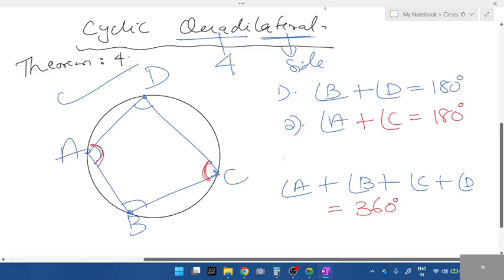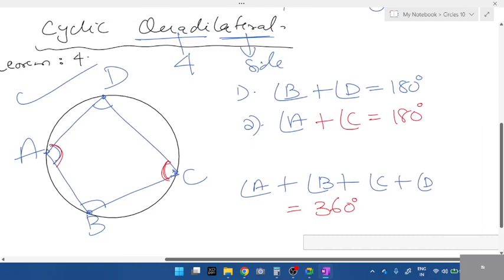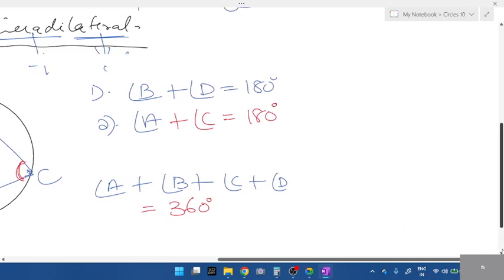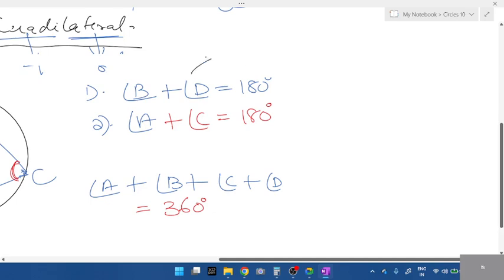You tell me, Bhargavi, convert this into words. B plus D. What do you mean by plus? Plus meaning is sum, right? So convert this. Try to convert sum of. There are two angles. Are they next to each other or opposite?